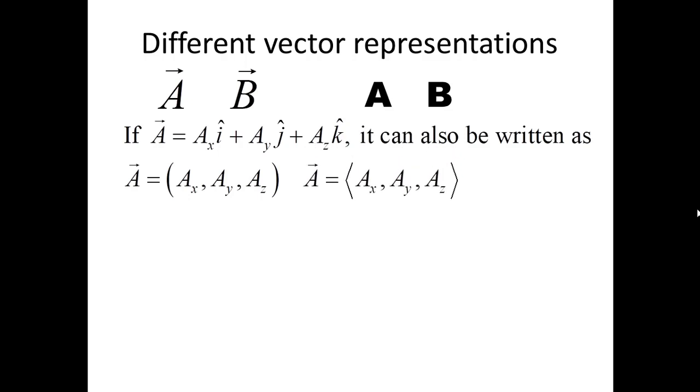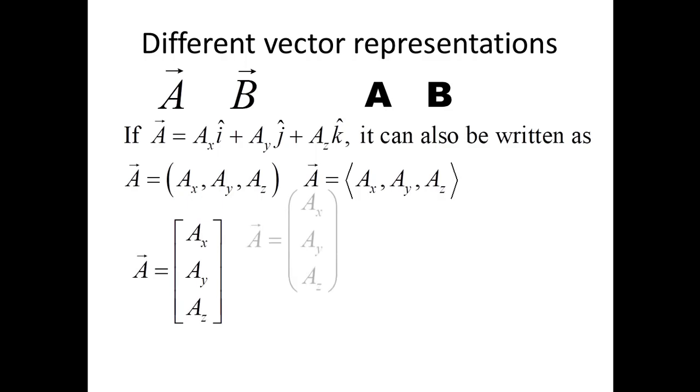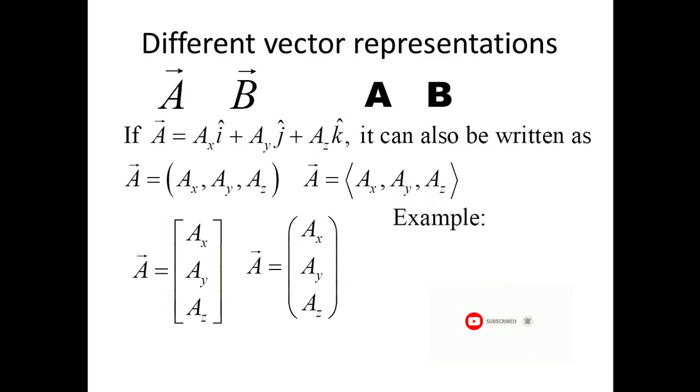You can write it this way, or with an angular bracket you can write it this way, or with this column matrix you can write it this way, or possibly with a column matrix and a parenthesis you can also describe a vector in this way. All of them mean the same thing. For example, our i, j, k unit vectors can also be written as i is a column vector 1 0 0, j is a column vector 0 1 0, k is a column vector 0 0 1.